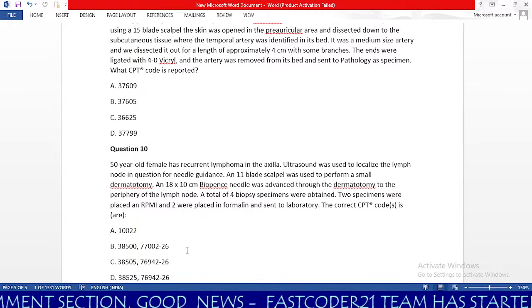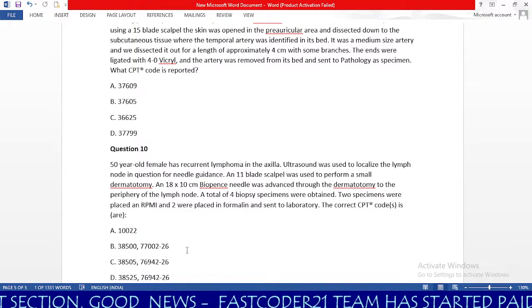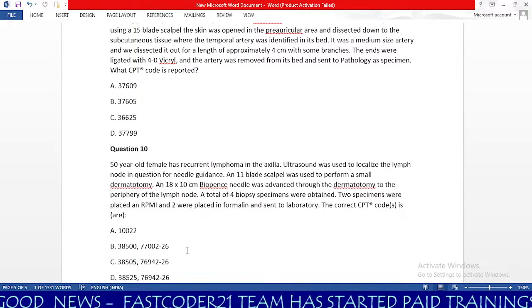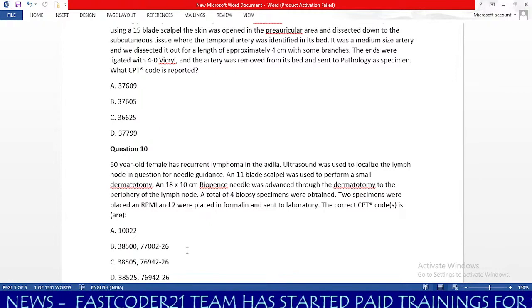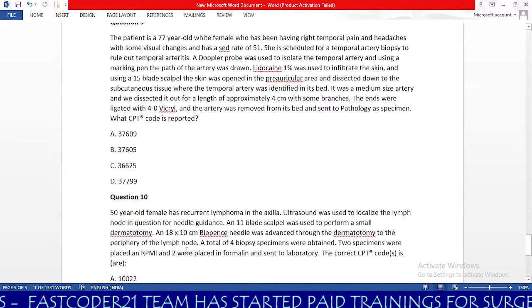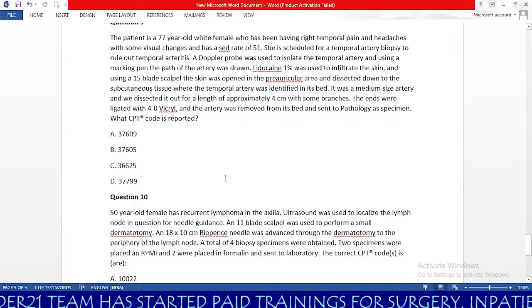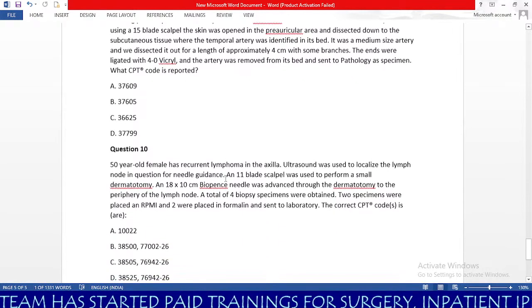Yes, 37799 is an unlisted procedure, vascular surgery. But we have a separate code for temporal artery biopsy, which is 37609. If you check the description of 37609, you will get the answer.